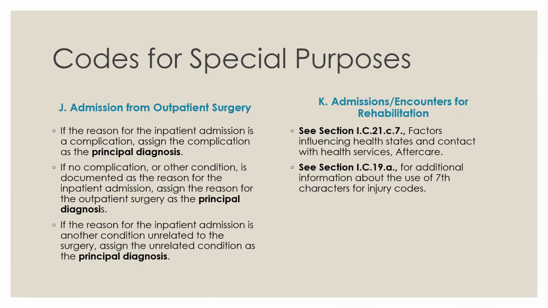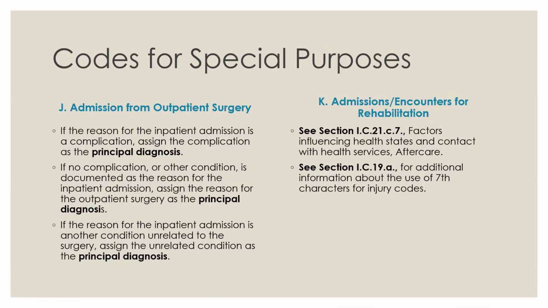If the patient requires rehabilitation post hip replacement for right intertrochanteric femur fracture, report code S72.141D for displaced intertrochanteric fracture of right femur, subsequent encounter for closed fracture with routine healing as the first listed or principal diagnosis.